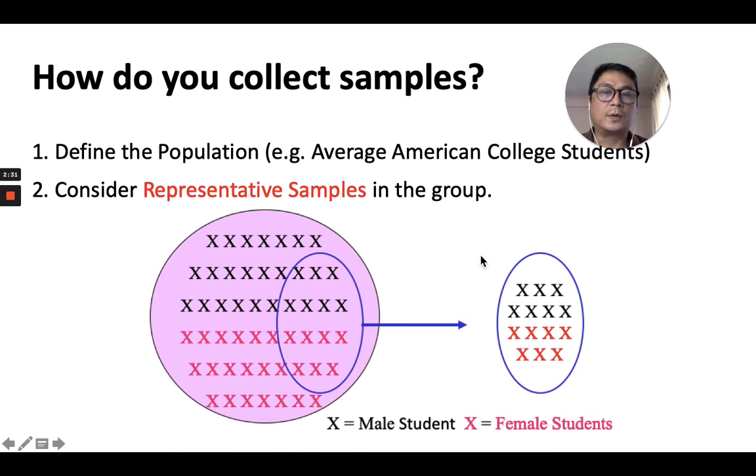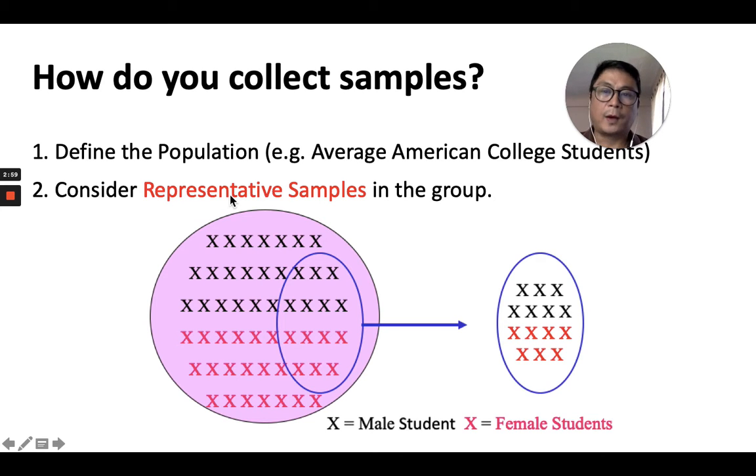Okay? So representativeness implies that the members of our sample, our subjects in our sample, will give us findings that reflect to a certain extent what is happening in the population. Okay, we want to find out about individuals because our main interest is finding out about the general population.